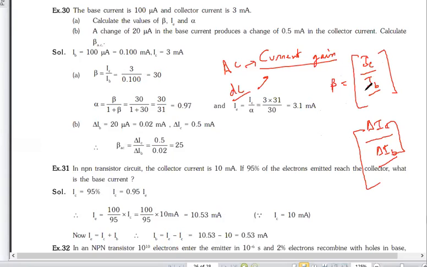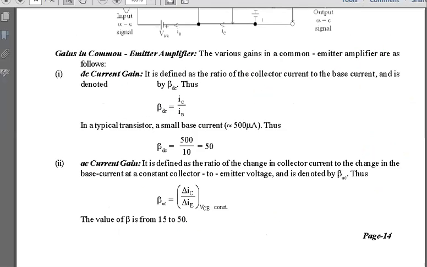IC by IB is your beta, right? We have already used this, and this is also beta, but this beta and that beta may be same, may not be same, right? Why is it so? Because when you talk about this ratio, just the ratio of collector current to base current, it is called DC current gain.